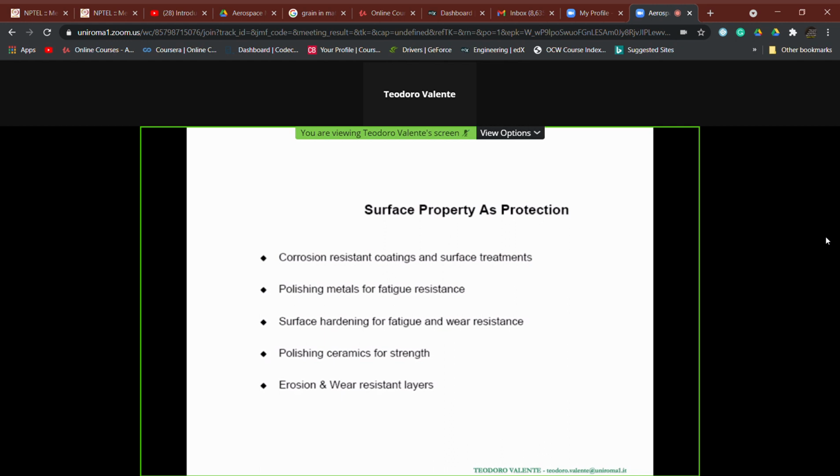Remember that among the fatigue influencing factors, the roughness of the surfaces is very important, because the higher the roughness, the easier it is to find defects which can undergo crack propagation.